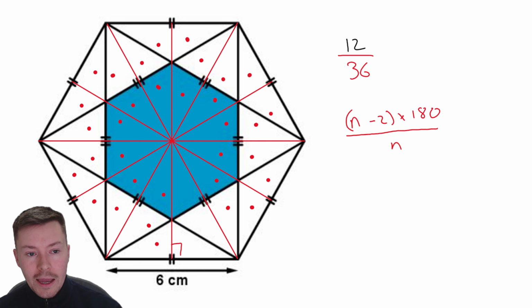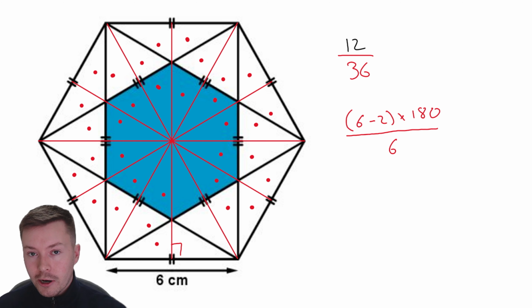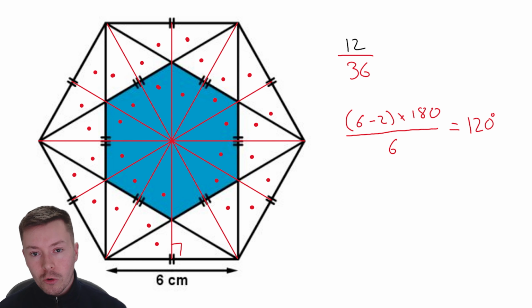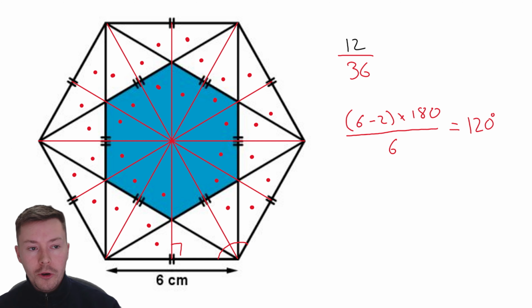Here n is 6 because we've got 6 sides. So 6 minus 2 times 180 gives us the sum of the interior angles, and if we divide that by 6, we get the interior angle. The interior angle of a regular hexagon is 120 degrees. So this whole angle here would be 120 degrees.